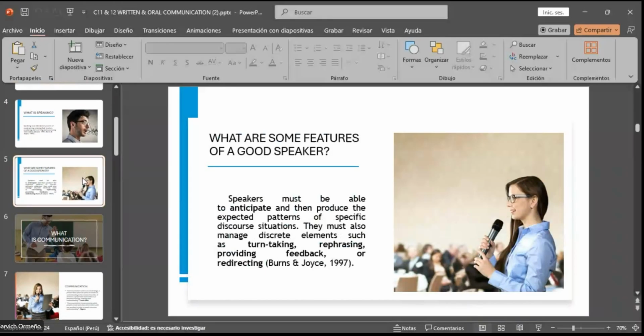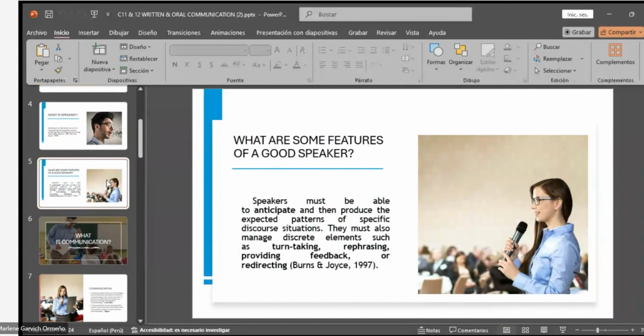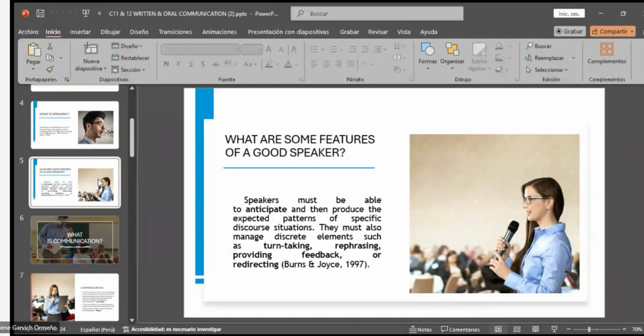A good speaker usually paraphrases a little bit what the person said at the end, like a summary, to show him or her that you really got it. Rephrase it, provide feedback, or redirect the conversation. But if you're going to talk without control, that is not a good speaker. A good speaker is the person that pays attention to what the other person is saying and respects the times. Try to paraphrase in order to be sure that he really got it.